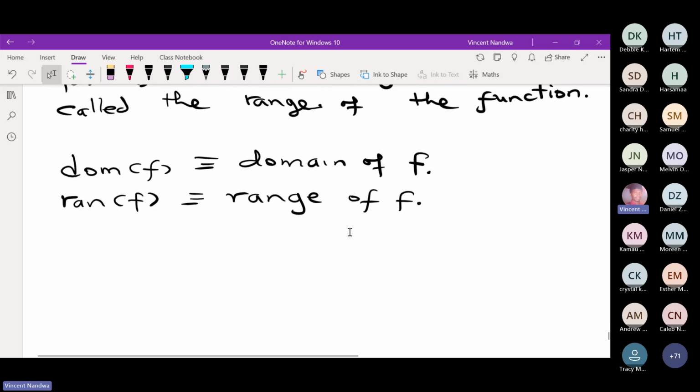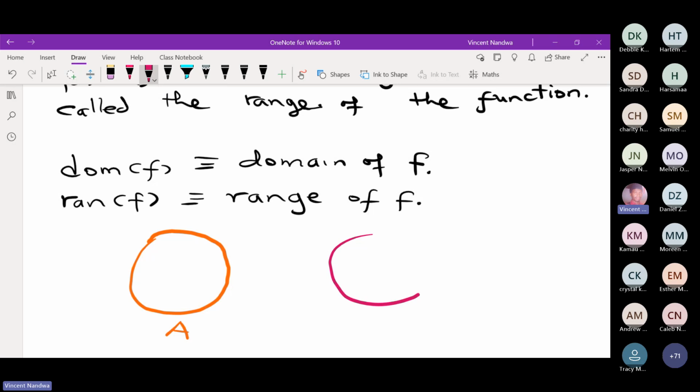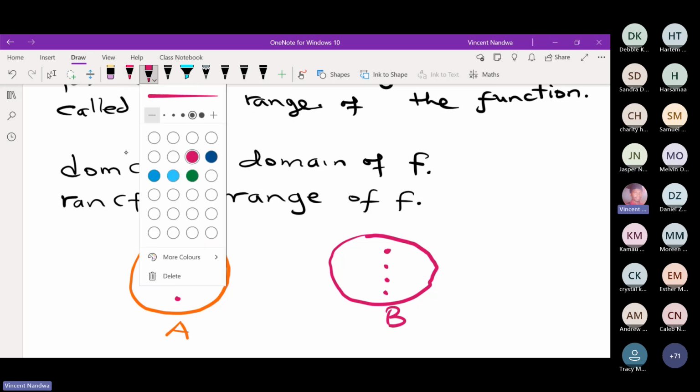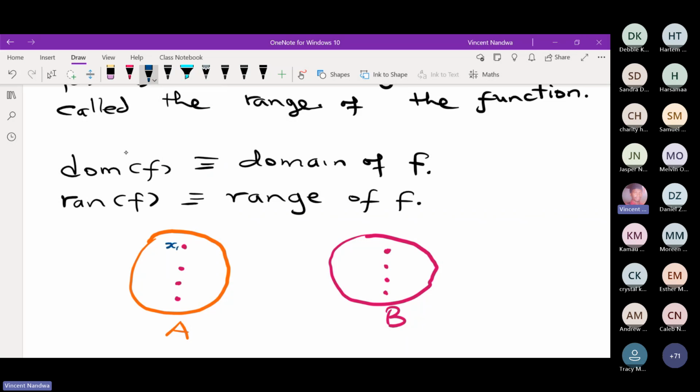And maybe pictorially we can draw this. If I have one circle here, let this be set A. And let's have here a set B. Let's have some points in this set A, and then we have other points in set B. So let this be x1, this be x2, this be x3, this be x4.